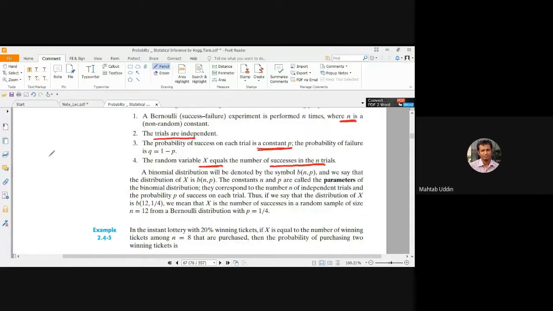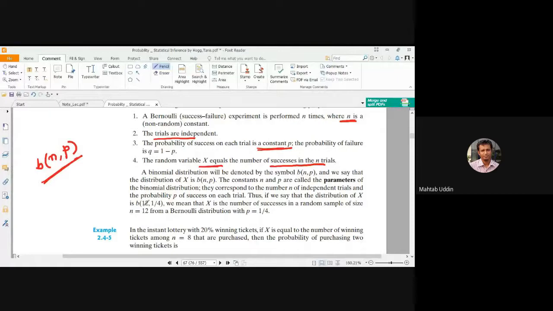Sometimes a binomial distribution can be written as B(n, p). Here, B for binomial, n for total trials, p for probability of success.